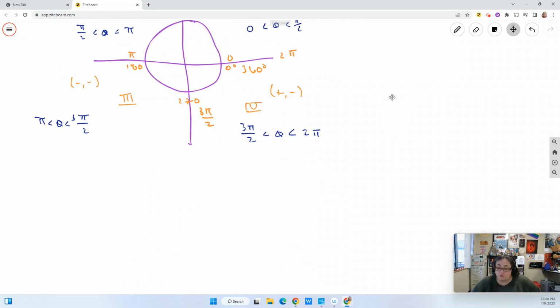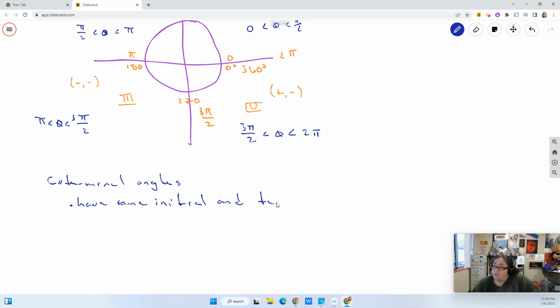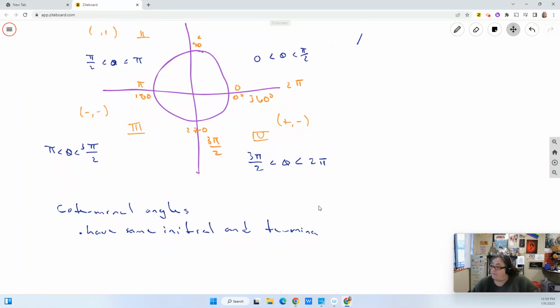So they're coterminal. What did we say? Coterminal angles have the same initial and terminal sides. It doesn't matter which direction I go.